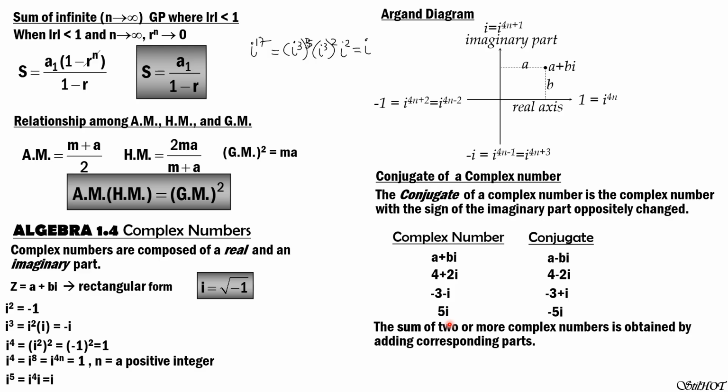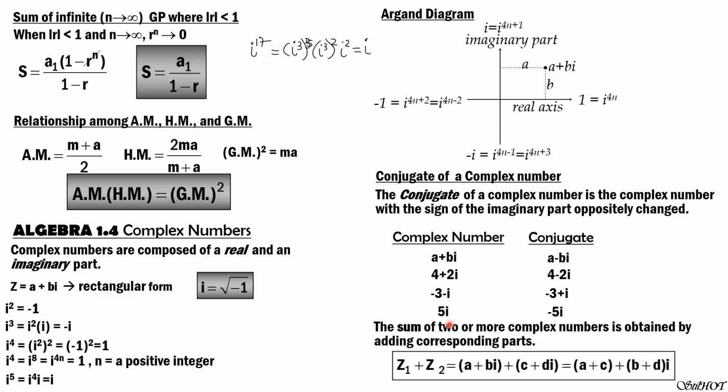You don't need the calculator anymore, but if you want to check, use your calculator. So z1 plus z2 is the quantity a plus c, adding the corresponding real parts, then the quantity b plus d times i, adding the corresponding imaginary parts.